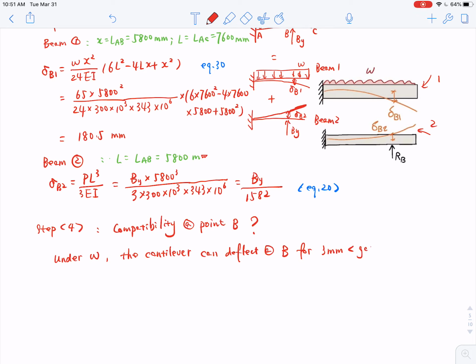That is the gap, right? It can deflect at point B for 3 millimeter before touching the roller.